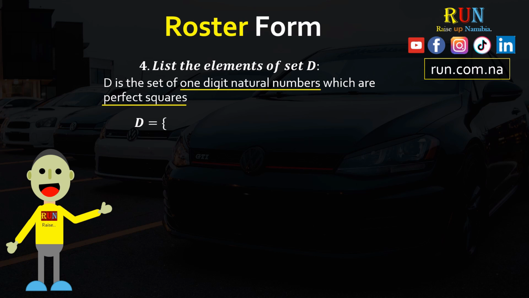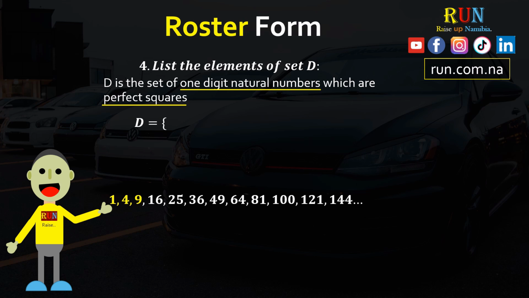First of all, let's list down the perfect squares, right? And then we ask ourselves, from this list of perfect squares, which ones are 1-digit natural numbers? Let's just highlight them. That will be 1, 4, and 9. Okay? Because from 16 to 81, those are 2 digits.